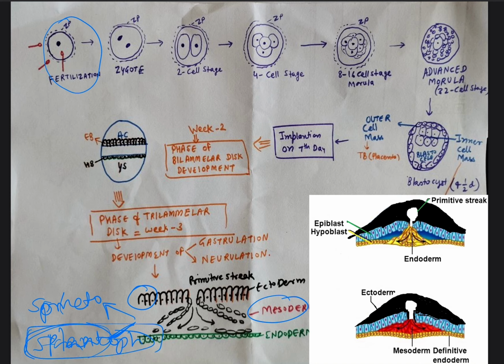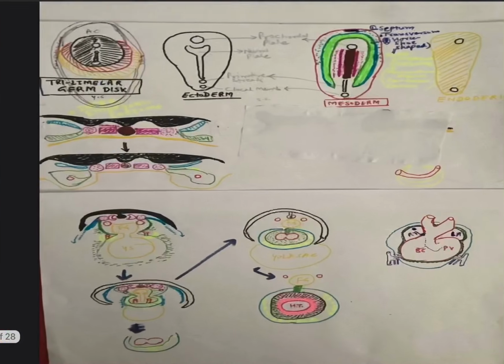This splanchnopleuric mesoderm will form heart tubes or vascular parts. So my area of focus will be this splanchnopleuric layer. I am again showing this trilaminar disc in my next diagram, so that you have a better view of lateral plate mesoderm and splanchnopleuric mesoderm.